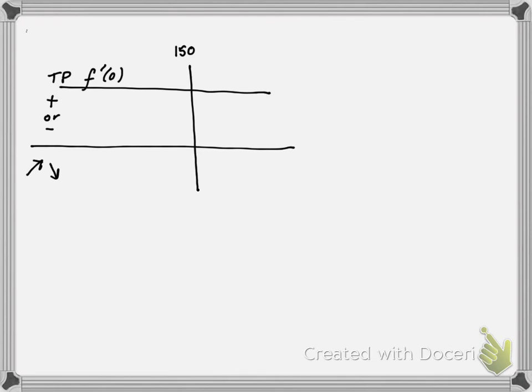So I am going to use a test point of 0. Let's use a different color. So test point 0 on the left, and on the right, let's use 200, okay? So remember, I'm plugging this into the first derivative. If I plug in 0, the first derivative is 900 minus 6 times 0. That's 900. That's positive.